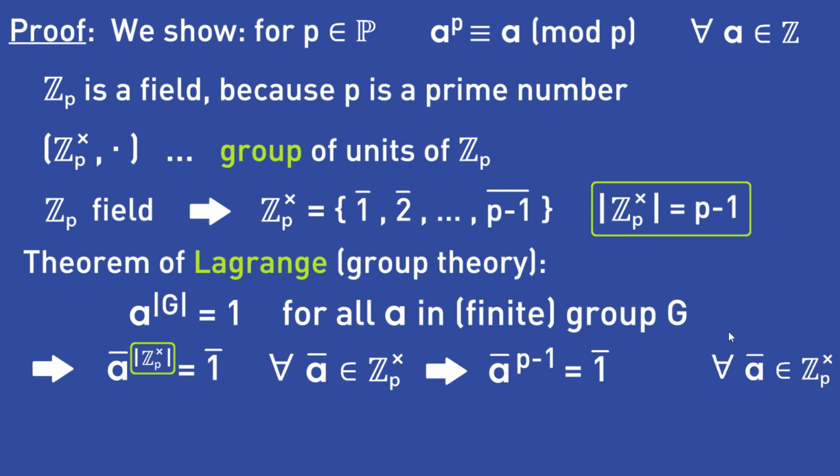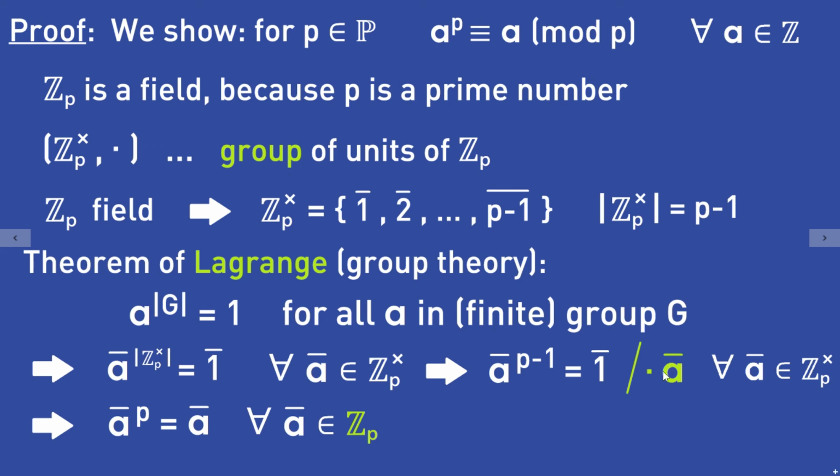If we multiply that equation on both sides with a, the equation becomes true for the zero element too. So by multiplying a on both sides, we get that a to the power of p is equal to a, and that is true for all a in Z_p, so for the zero element too.